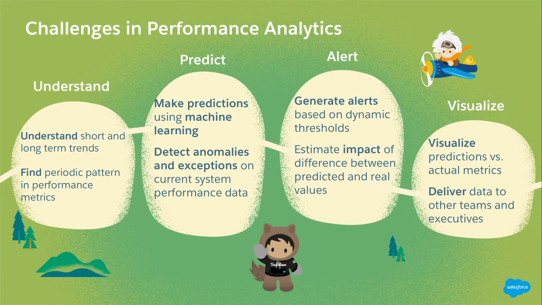So we essentially try to make a prediction, and based on the prediction to say whether something is an anomaly or not. And once we find out that something looks like an anomaly, then we need to send some kind of alert.